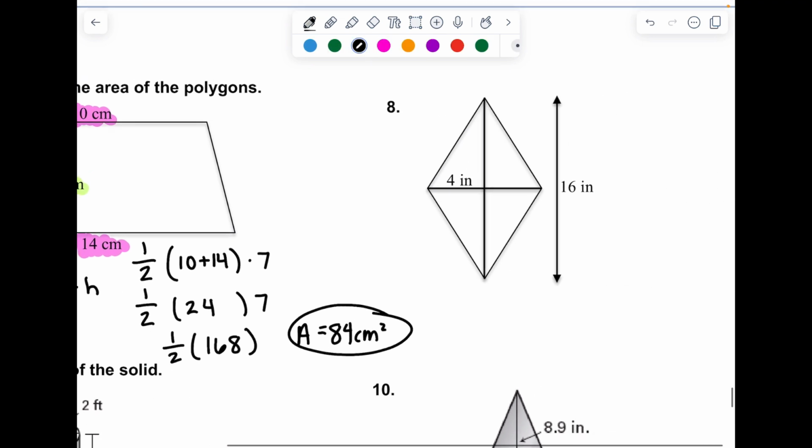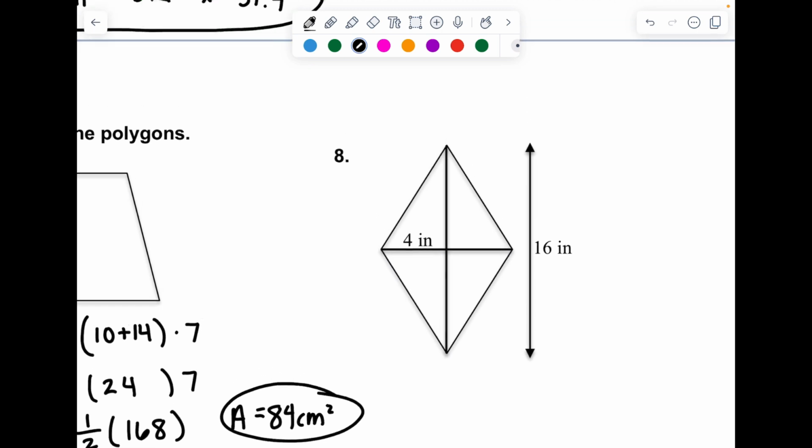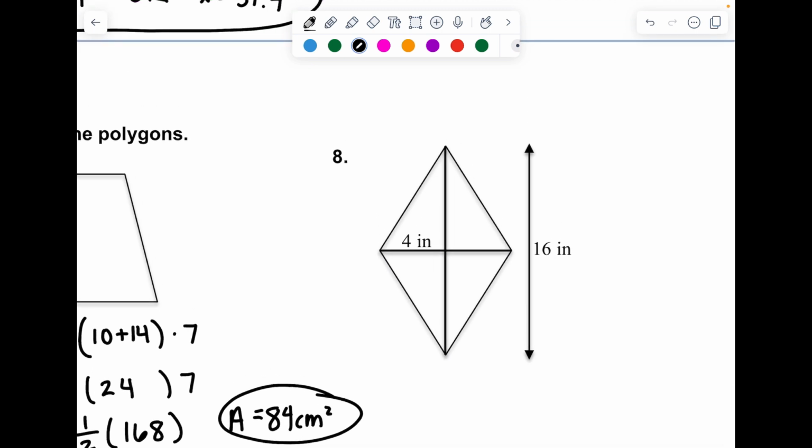Okay, over here, number 8, we've got a rhombus. And we need to find the area, so we're going to use this formula again, same as our kite. So all we need is our two diagonals. So we have 1/2. Our first diagonal here is 4 plus 4, which is 8.